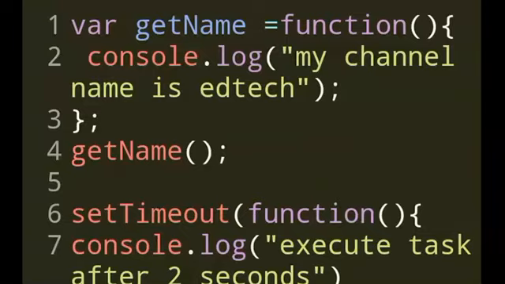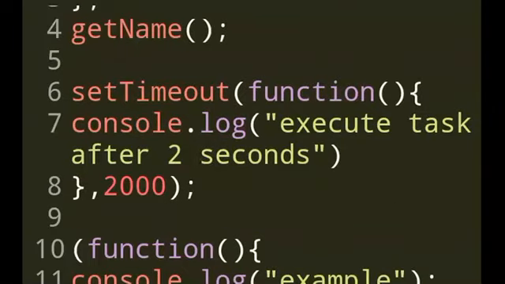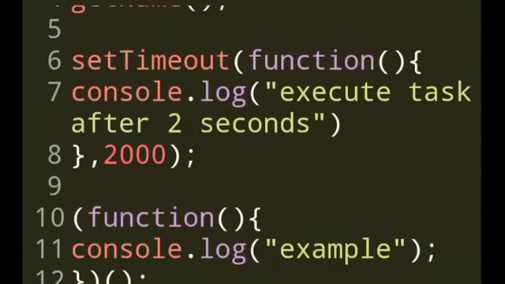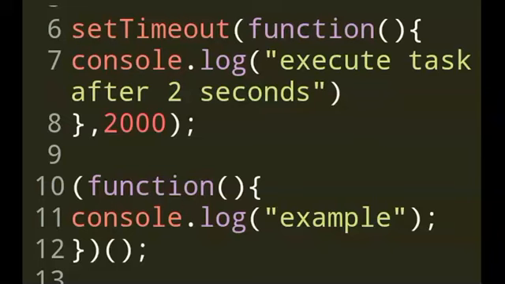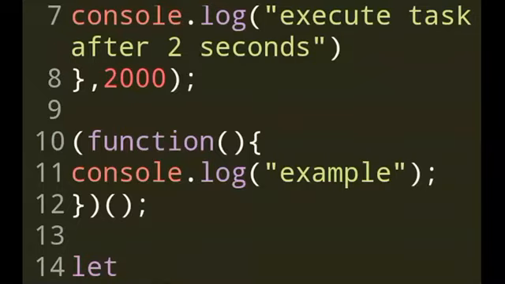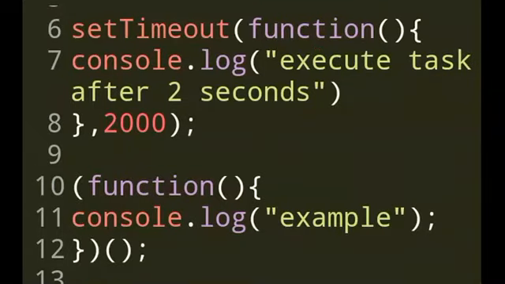Now let's see the same example of an immediately invoked function but with an argument. Okay, so let pet equal to an object. We've done objects earlier.